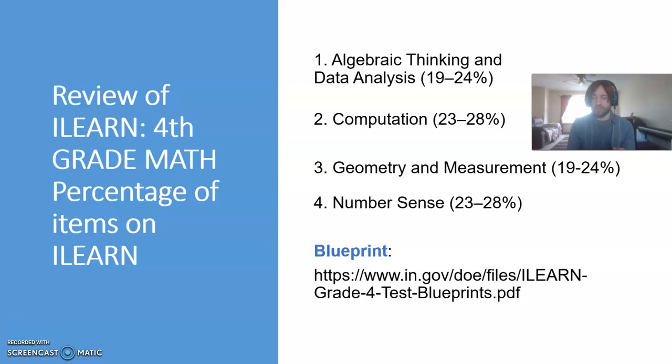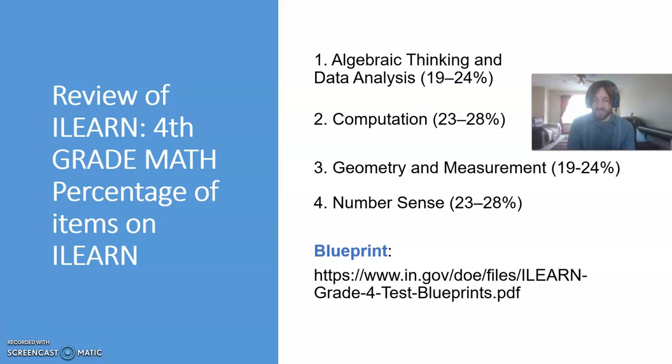This involves students' understanding of the relationship between numbers, being able to see patterns and make predictions based on those patterns. 23 to 28% of the test focuses on computation, which involves taking 2 numbers or multiple numbers and adding them, subtracting them, multiplying them. 19 to 24% of the exam has questions on geometry and measurements. This involves graphing, shapes.